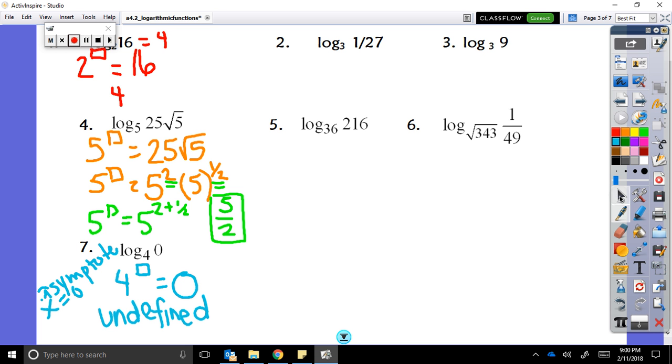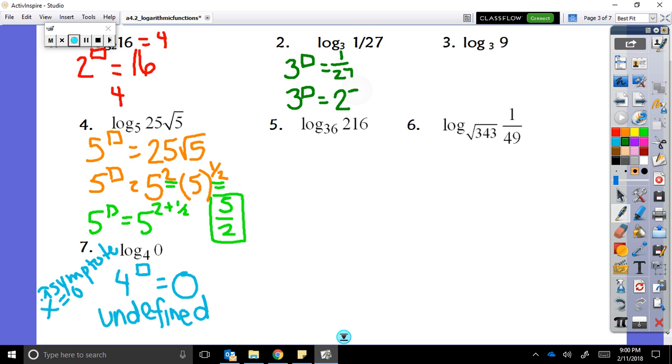Okay, so let's look at a couple of these. Let's look at our first one up here. So we have 3 to the what power is 1 over 27. Okay, so we have to remember a couple of things. One, we have to remember that when things are in the denominator of a fraction, that means a negative exponent.